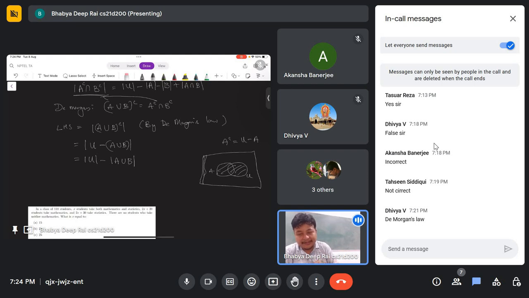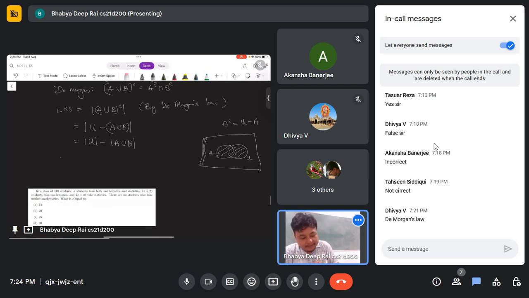Because everything is contained in the universe itself. So now you write size of U minus, and I'll use the principle of inclusion exclusion, size of A plus size of B minus size of A intersection B. What is this?